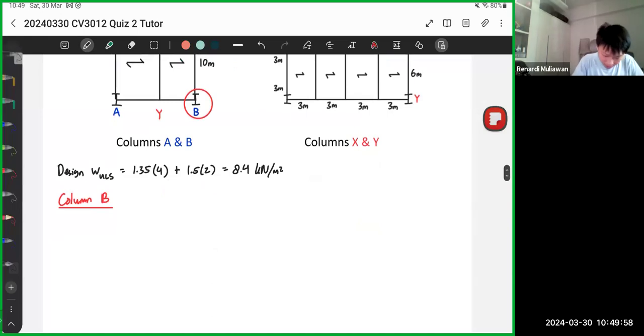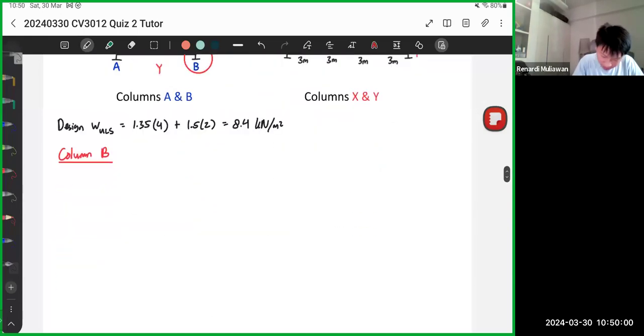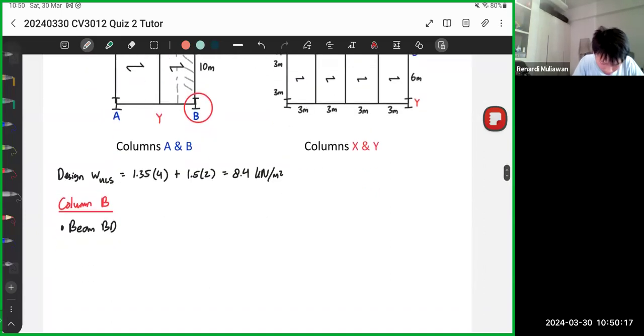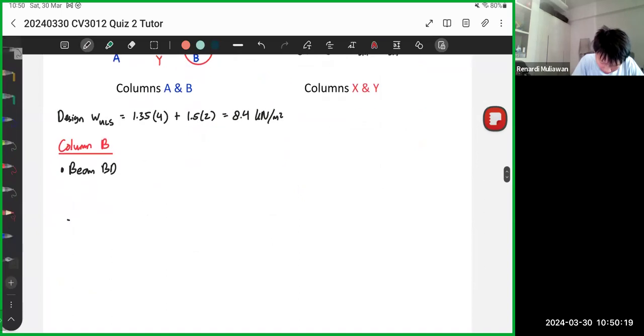Okay, so let's do BD first. So beam BD. If you remember beam BD, we need to check first whether there is a UDL or point load. In this case, we have the UDL. So if we draw the beam, it should look like this.